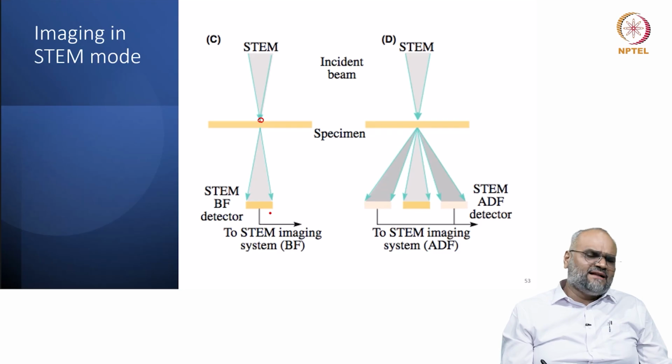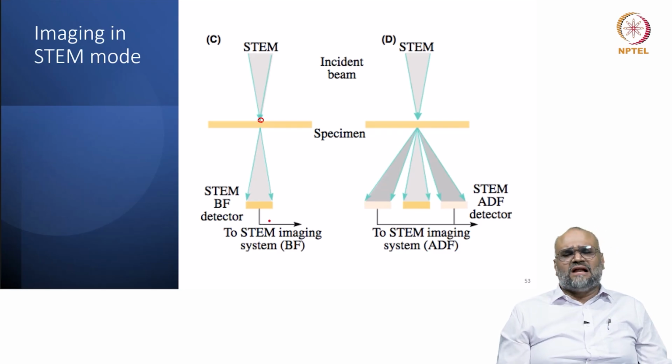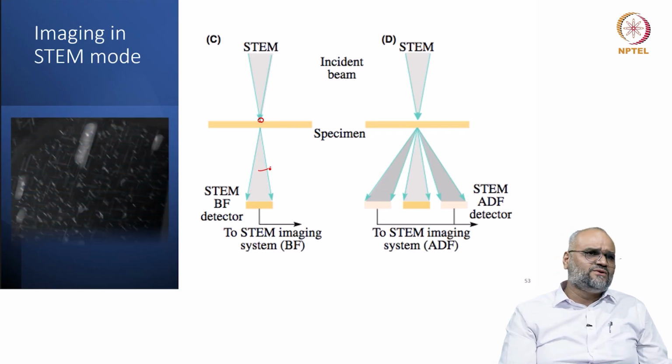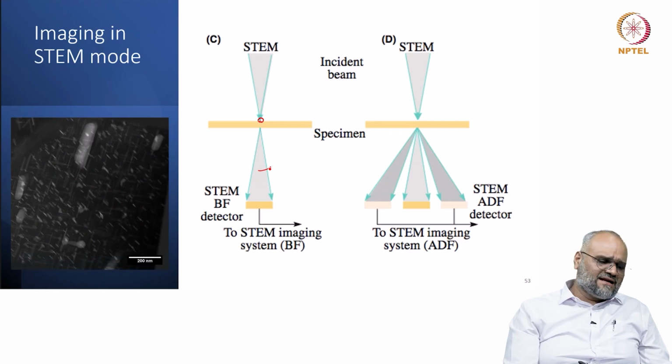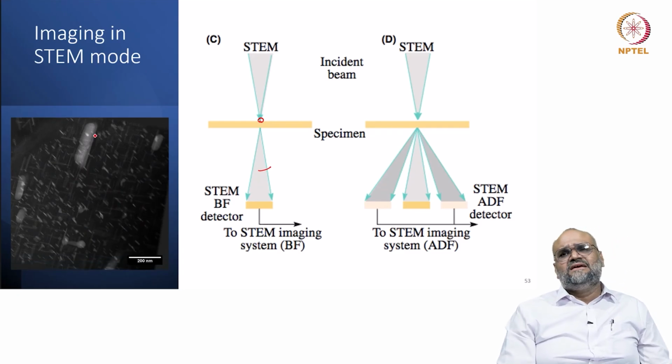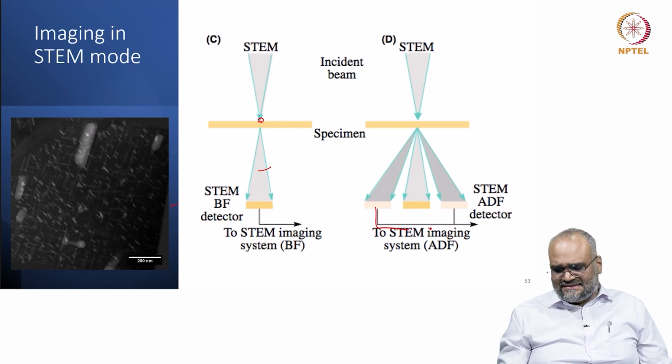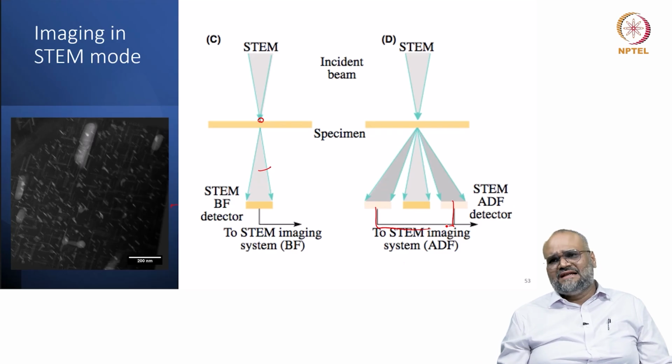The forward scattered electron, like in case of the bright field and the dark field imaging, is scattered through various angles. And if I look at the rastered image from left to right, when you raster, the features that are showing you a difference in the atomic number or the thickness will naturally give you a variation in the contrast. And this image on the left is recorded by collecting the signal which is scattered at a slightly higher angle.